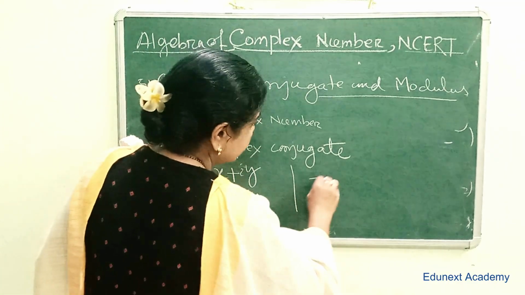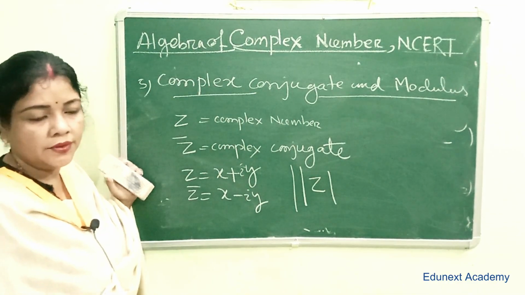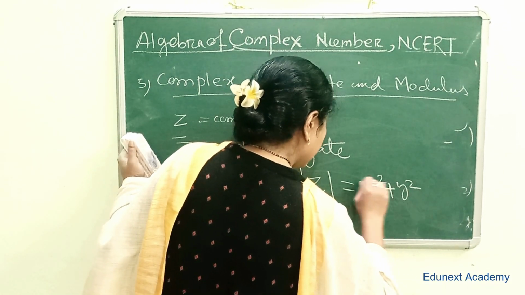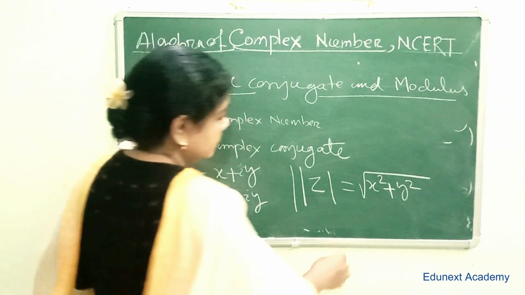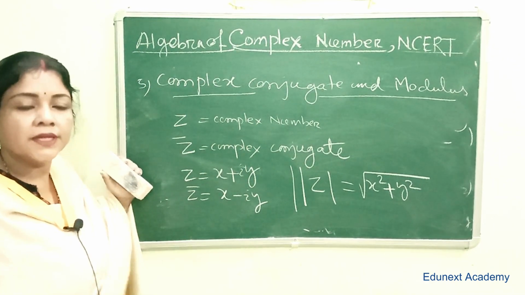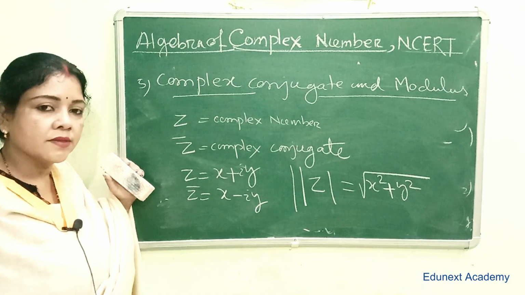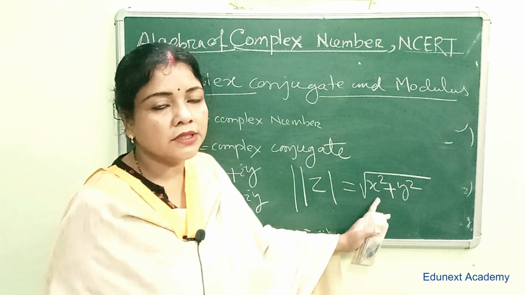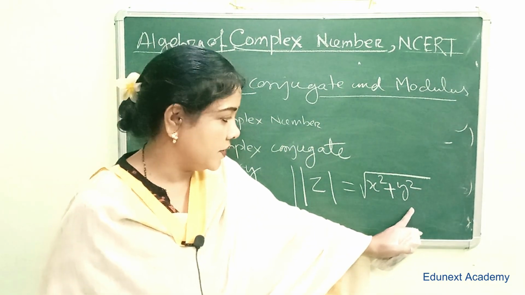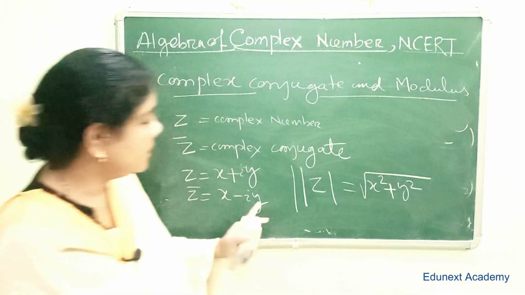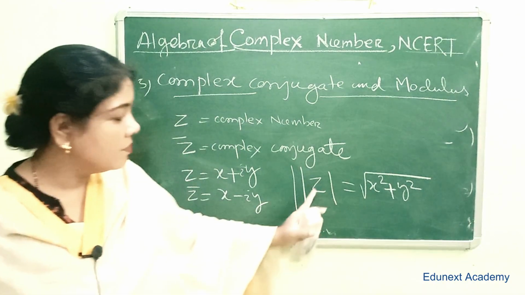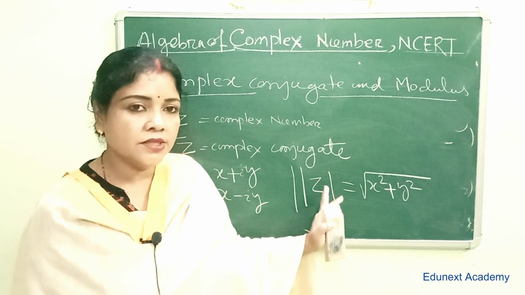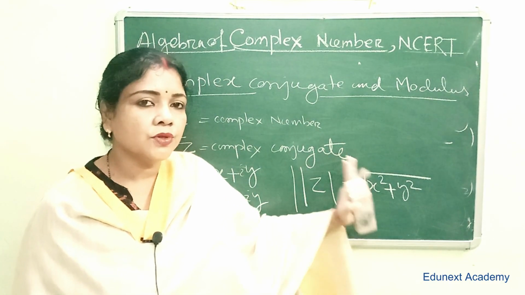Now if you do modulus, mod of Z will be the square root of x square plus y square. This is how complex conjugate and modulus are defined. Modulus means the positive part: the real part square plus imaginary part square, all under the square root. Remember this: mod means you finally have to consider the positive one.